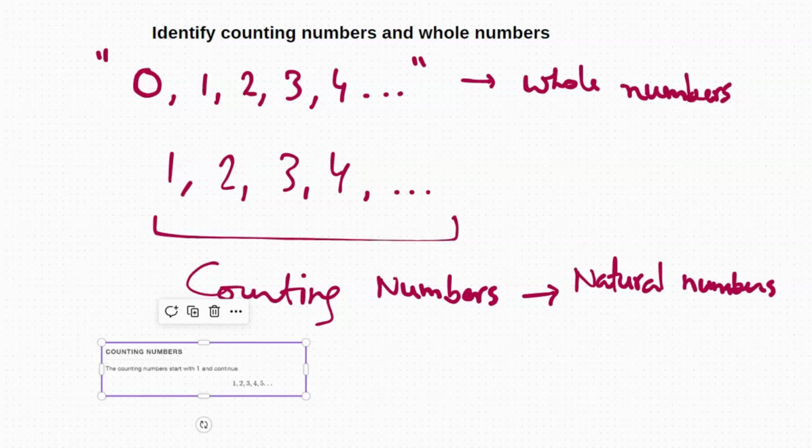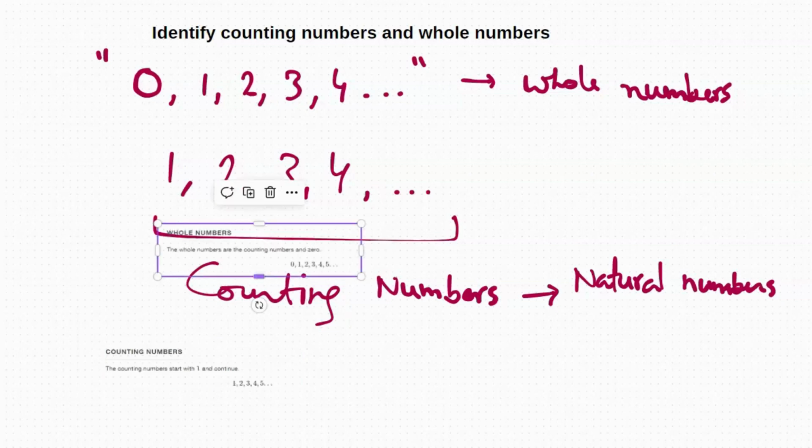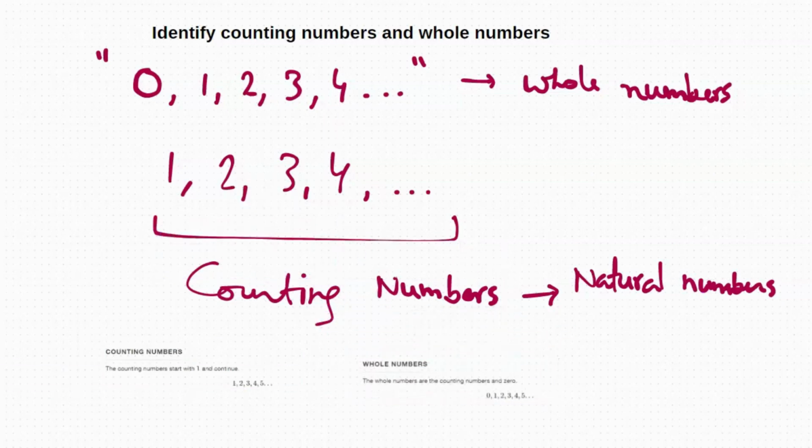So counting numbers start with 1 and then continue, and the whole numbers start with 0 and then continue. So basically the whole numbers are the counting numbers and 0. So that's the difference between counting numbers and whole numbers.